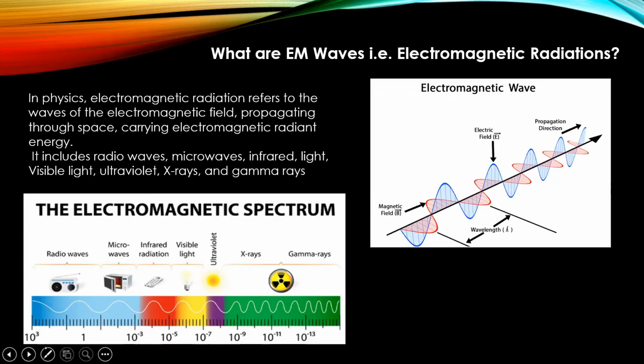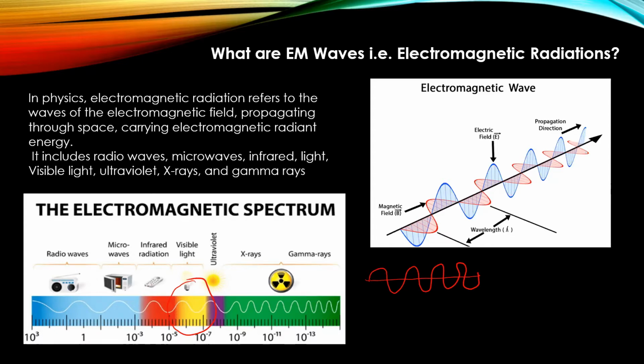Out of those electromagnetic waves, only a small part is visible to us. Human beings can see only a certain specific type of light. Other types of light are not visible to us. If you have some idea regarding wave theory, we did this in ninth standard regarding sound waves.